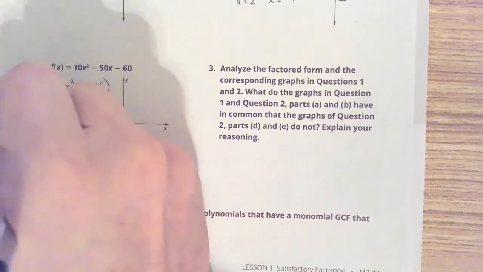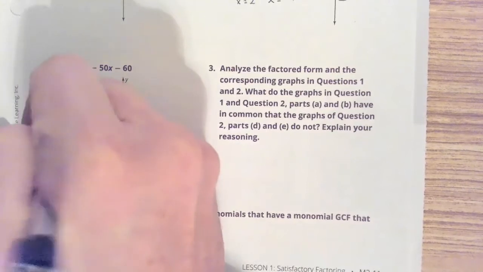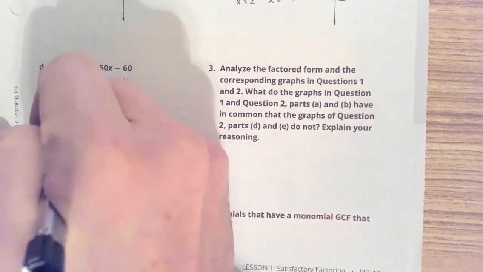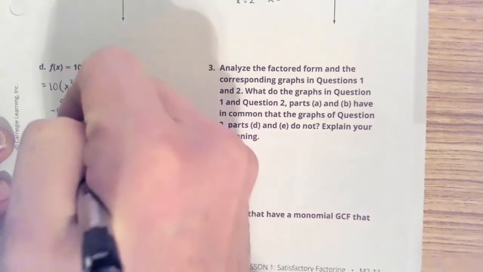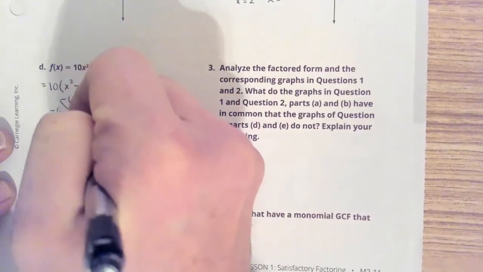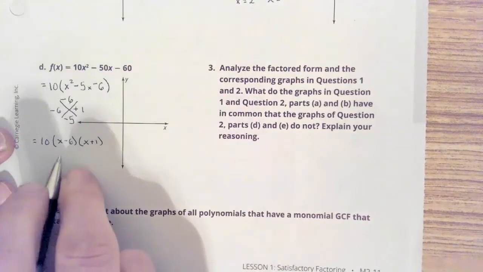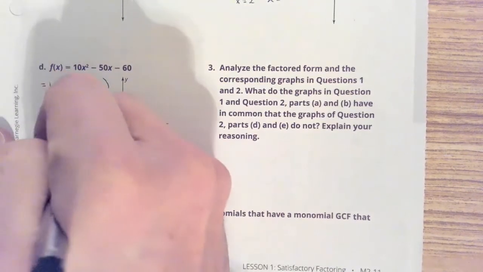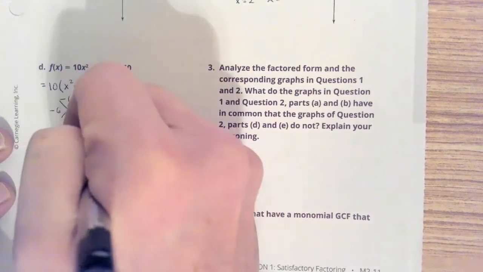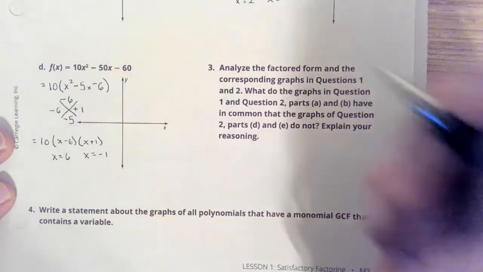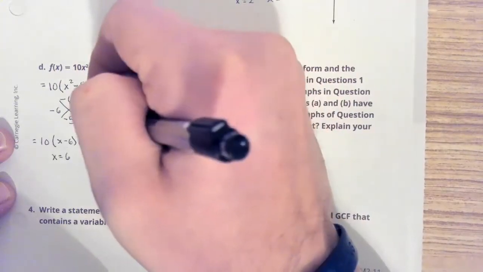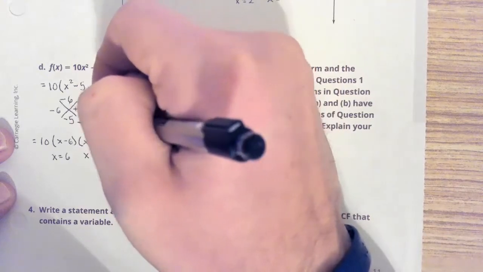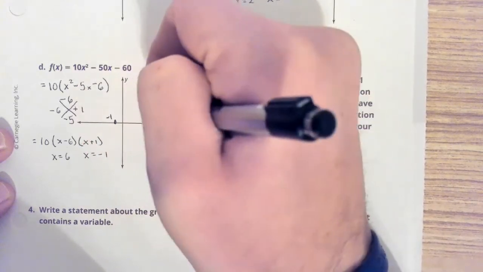So we'll rewrite this function one more time. It's going to be 10 times x minus 6 times x plus 1. So if these are our two factors, we'll have solutions at 6, and we'll have another solution at -1. -1 there, we'll put the 6 over here.